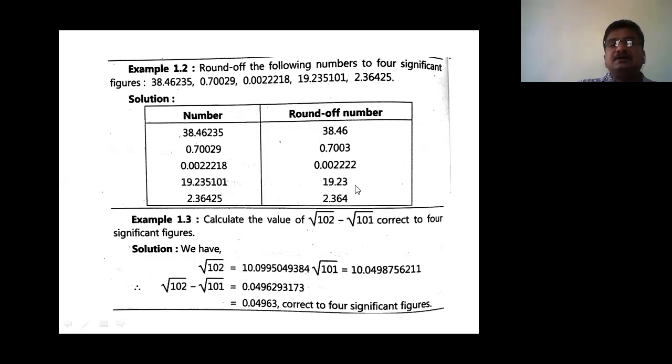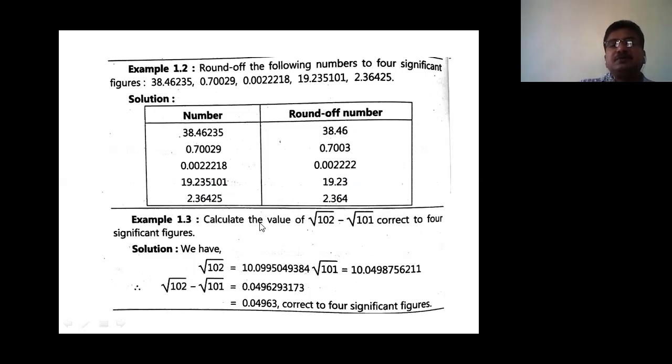We write here 19.24 because the discarded digit is exactly 5, and the previous digit is odd, so increase by 1. Here is the correction. 19.24. Similarly, here is the number 2, less than 5, so no change in the previous digit.